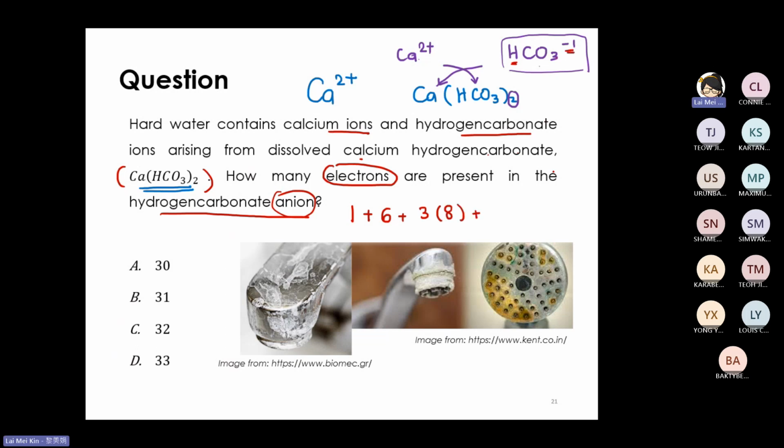I have a -1, which means I have an extra 1 electron. Hydrogen has 1 electron, carbon has 6 electrons because 6 protons, 3 oxygen each 8, and then an extra 1. What's the total? 32. So the answer is 32.